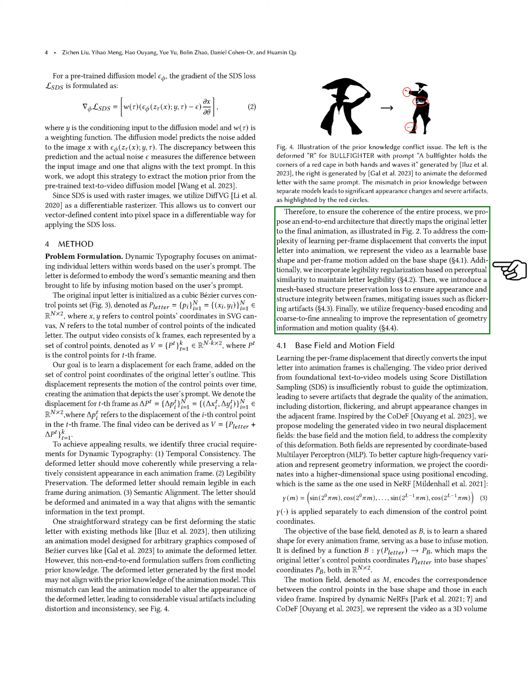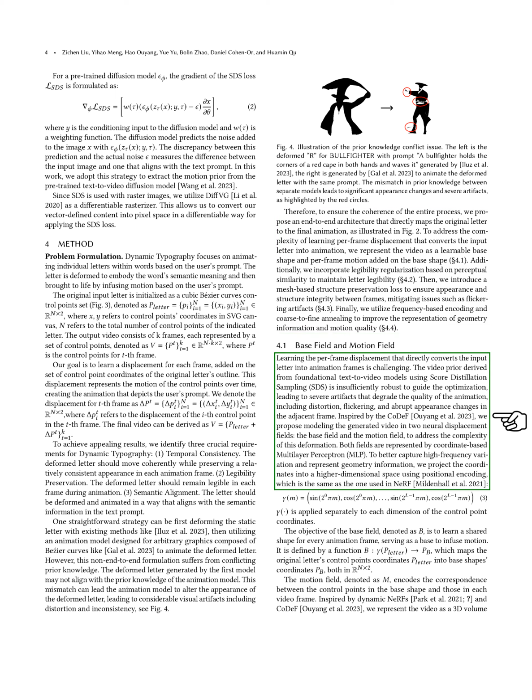To handle the complexity of learning per-frame displacement, we represent the video as a learnable base shape with motion added on top. We also include legibility regularization and structure preservation to maintain the appearance and integrity between frames. Additionally, we use encoding techniques to enhance the representation of geometry, information, and motion quality.